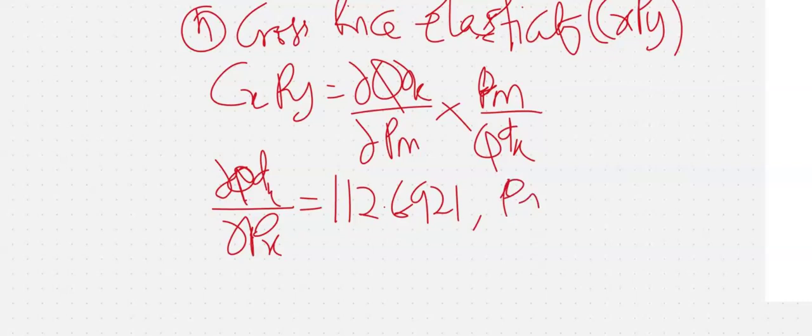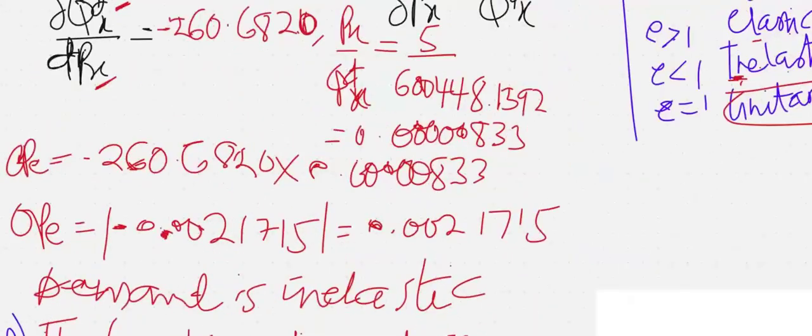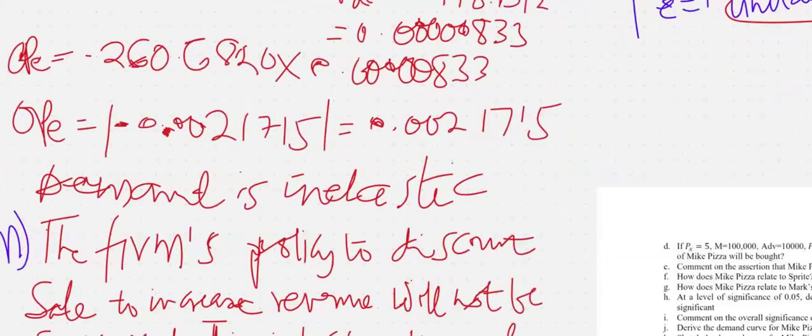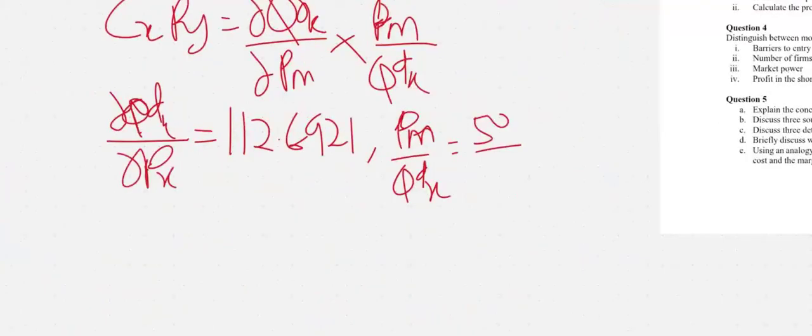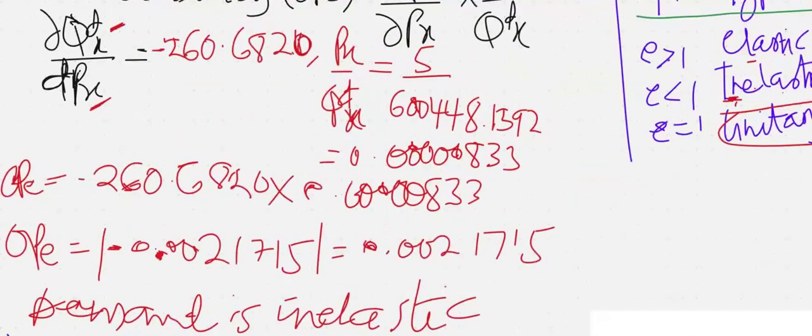I'm taking the terms one after the other over Q. I could write everything together, but let me take them one after the other. What is our PM? Our PM was 50. And our Qdx we have 600,448.1392. Let's confirm it.